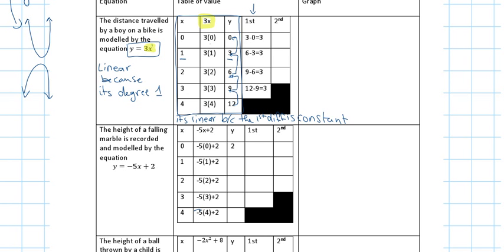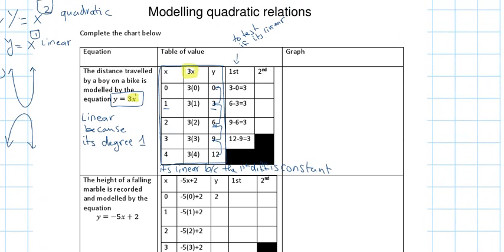Now, how would a linear function look like on a graph? Straight line, right? So let's see if that's going to look like a straight line. So if I'm going to graph this, do you guys remember how to graph points?